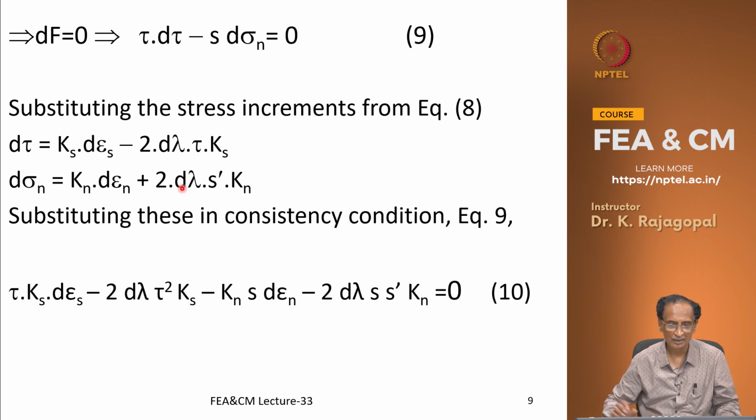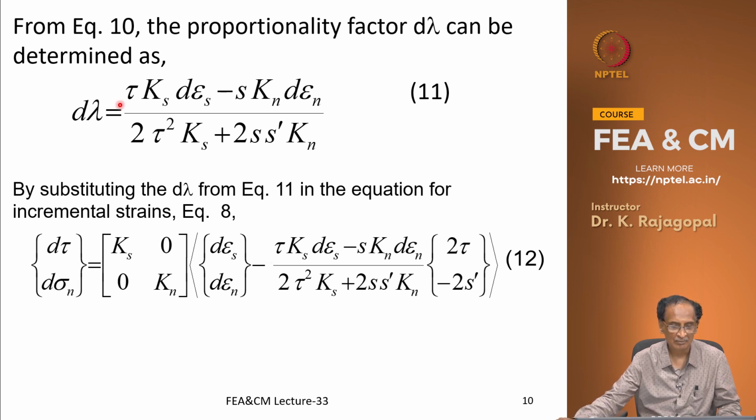By substituting this in the consistency equation, that is equation 9, tau k s d epsilon s minus d lambda tau square k s and so on, and so from here we can get d lambda, because all the other quantities are known except d lambda, and so d lambda can be determined like this.